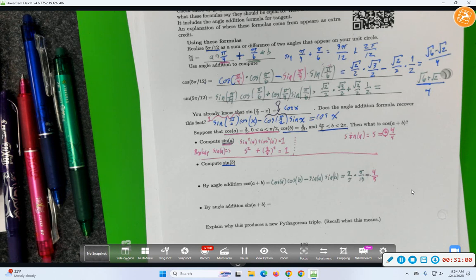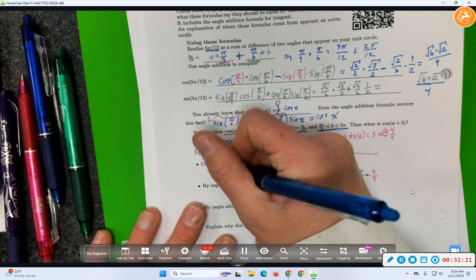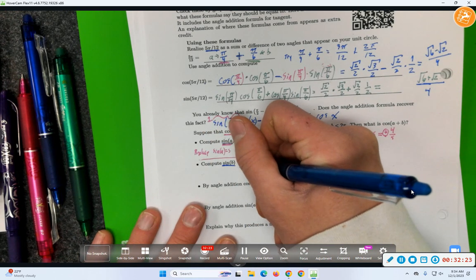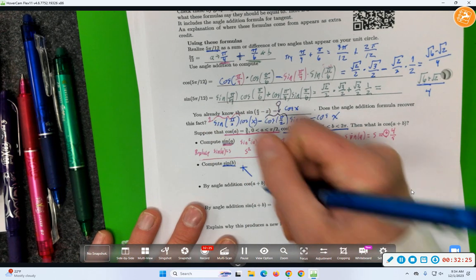And let's start with this information. What quadrant is B in? Quadrant 4. Do we agree? All right. So we have this. Let's draw a picture. There it is. It's an angle in quadrant 4.